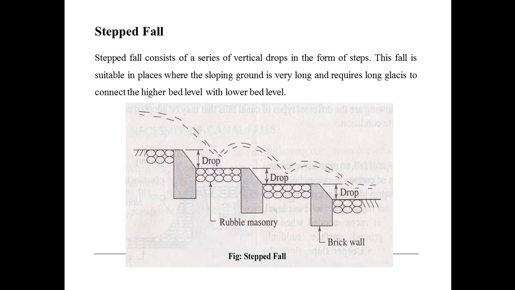The stepped fall consists of a series of vertical drops in the form of steps. This fall is suitable in places where the sloping ground is very long and requires a long glacis to connect the higher bed level to the lower bed level.